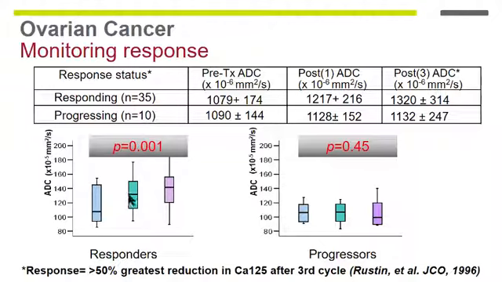You can see that the increase in the ADC occurs after one cycle, whereas in non-responders there's no such increase. So we've got an early biomarker, but the important thing is also you can look at different disease sites and say one site is responding whereas another is not.